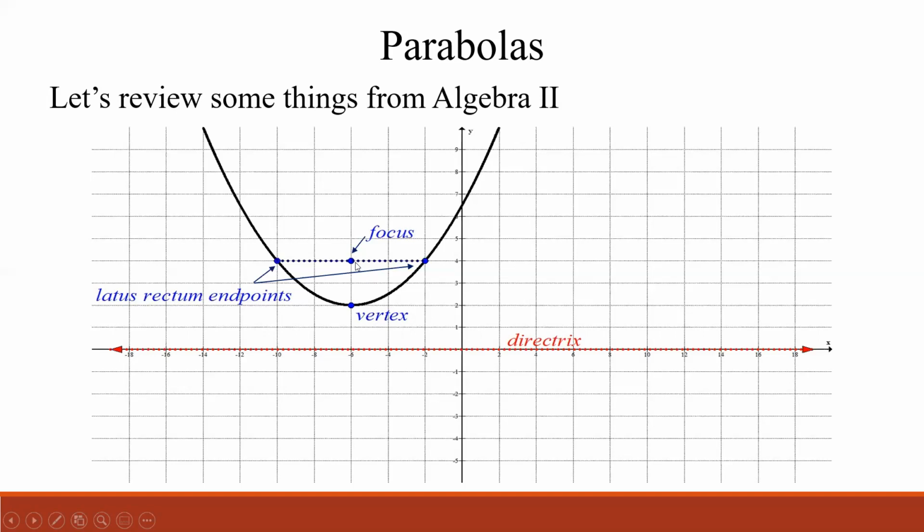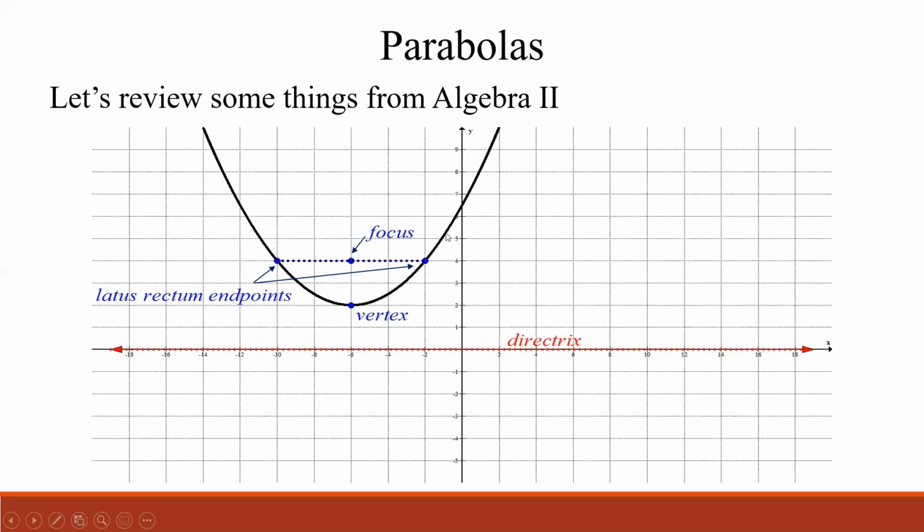They have this thing called a focus point, and they also have a line that's outside of the parabola that we call the directrix. Now when we look at the actual technical definition of a parabola, every point along the curve is equidistant from the focus and the directrix.